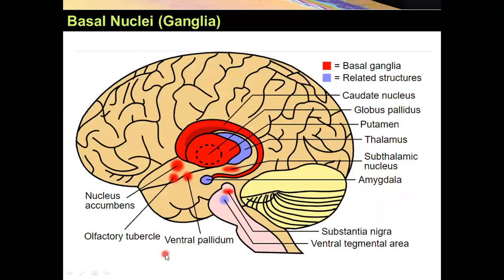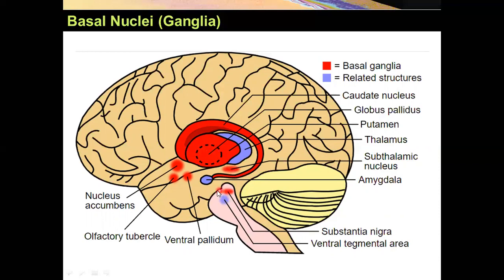Okay, here you see the olfactory tubercle is here, and the nucleus accumbens is also here. So these are the ventral striatum, and the dorsal striatum includes the putamen and the globus pallidus.